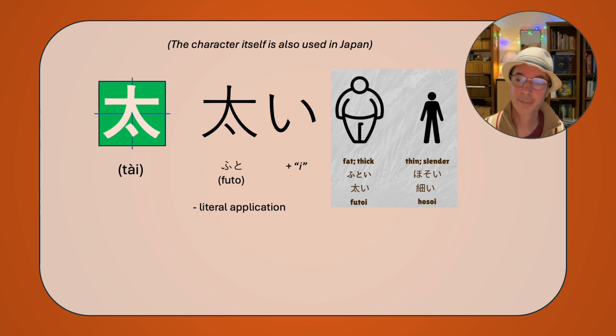With thick, we have thick and thin, but with the CK, we give it an extra value into that space. Here we have the futoi, that is the big one, and hosoi, where the space is getting smaller in which this person fits.